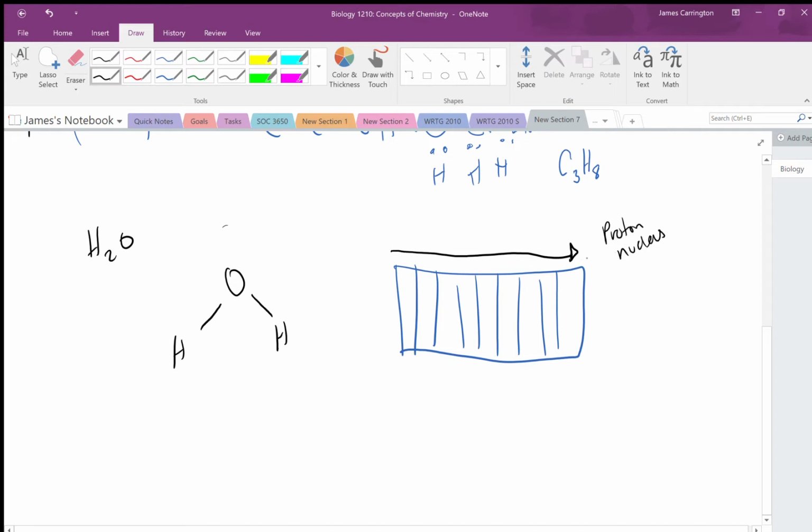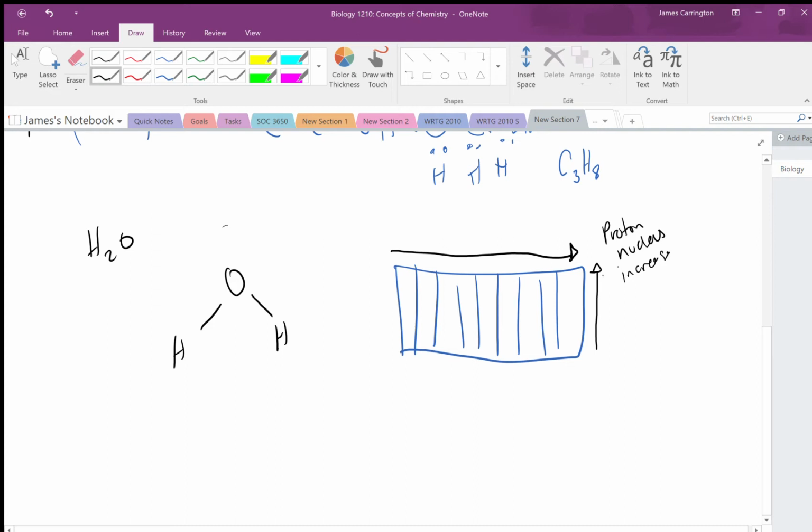So the more protons you have in the nucleus, the more tightly it's going to pack those electrons. It's going to be able to take electrons. So your electron affinity is going to increase. And then for electronegativity, if you're comparing up and down the column, the electronegativity is going to increase as you move up.